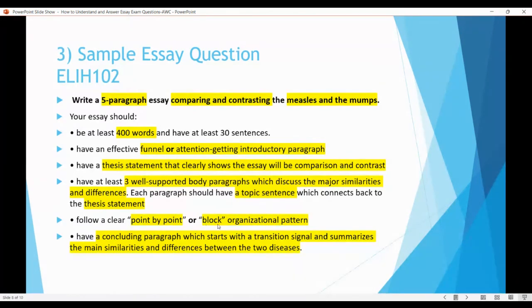But if you have to write block organizational pattern, in 1 paragraph, you only talk about similarities. In another paragraph, you talk about differences specifically. So this is the difference between point by point and block organizational pattern.